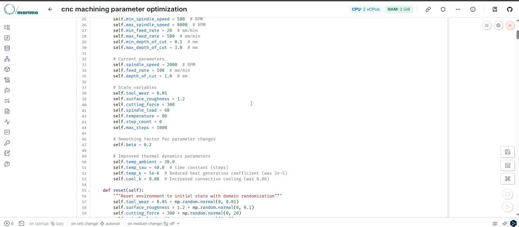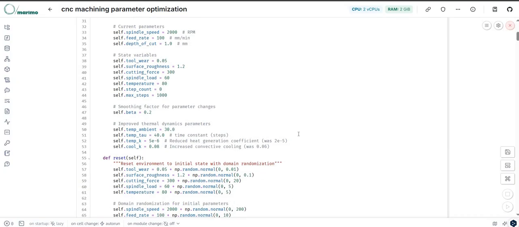Along with that, we track the state variables that will change step by step: tool wear begins at 0.05 millimeters, surface roughness at 1.2 micrometers, cutting force at 300 newtons, spindle load at 60%, and temperature at 80 degrees Celsius.